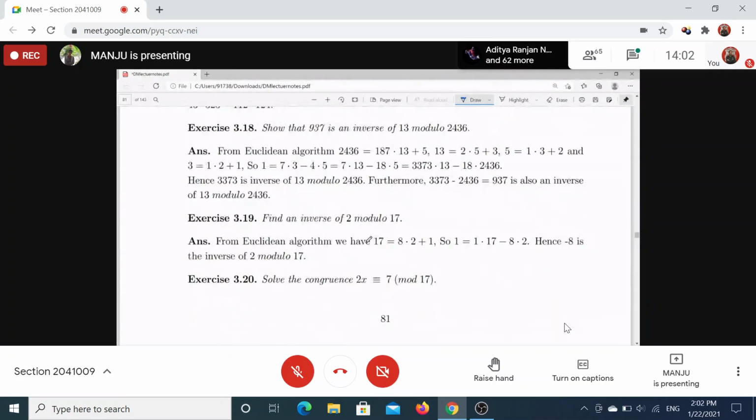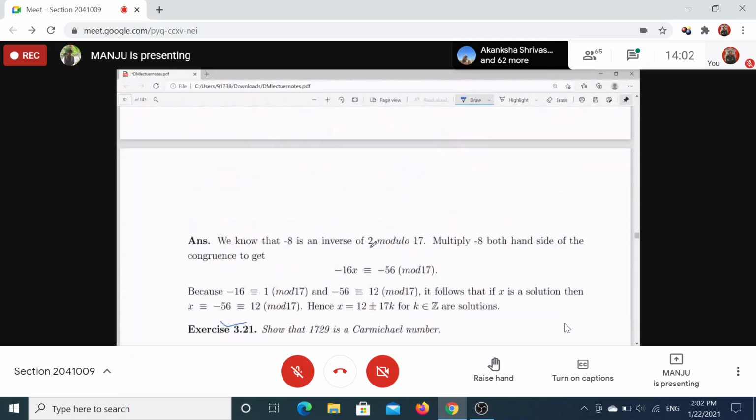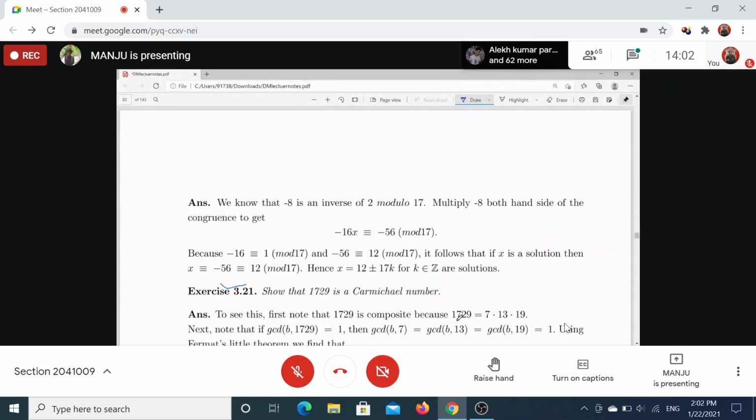Have I done this inverse and solving the congruence? Have I completed this? Solving the congruence? Okay.